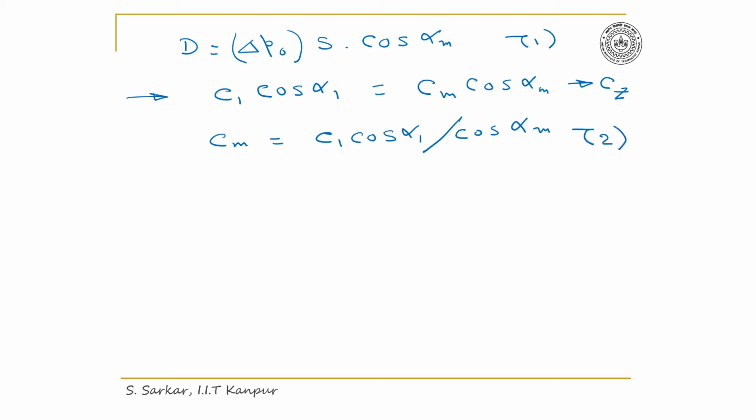Now the drag coefficient is defined with respect to the vectorial mean velocity. Thus CD is equal to D divided by half rho Cm square into C, where C being the chord.